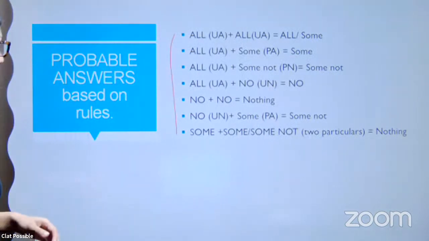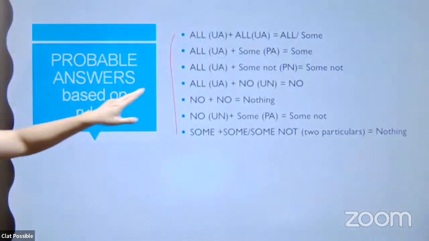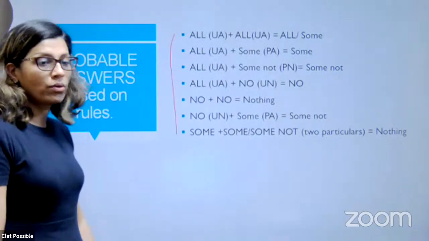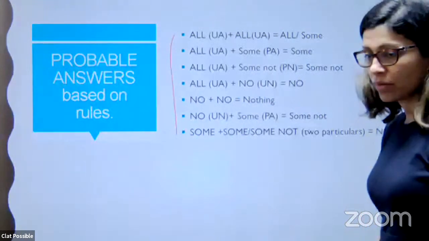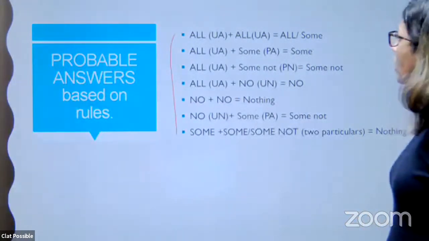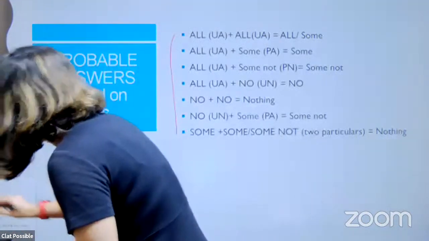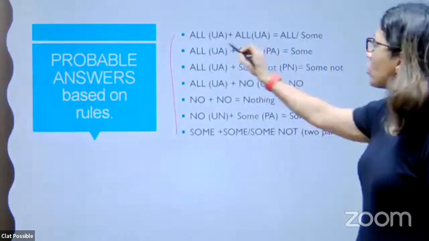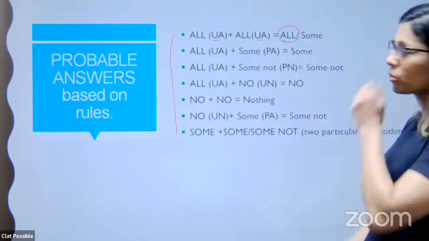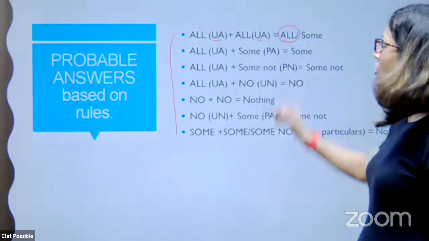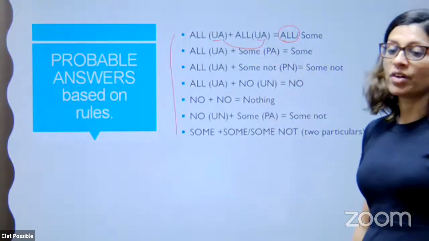All right. So let's quickly revise this based on the rules that you had written down. So the rule said that two universals can give a universal conclusion. And this universal conclusion will be affirmative if both the universals are affirmative.